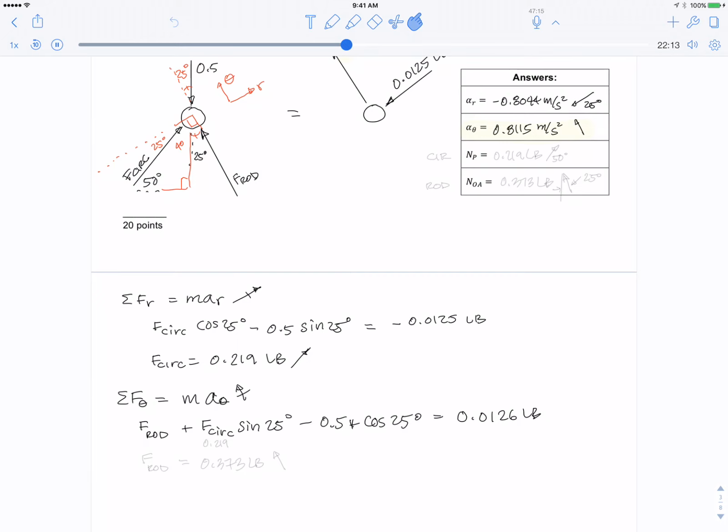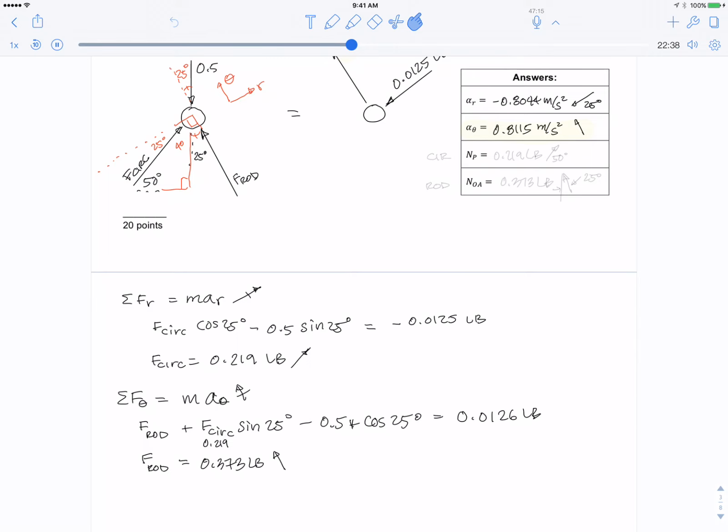Okay, and then I just solved for the force on the rod after I put in that the force of the circle was 0.219. And that came out to 0.373 pounds, positive meaning that way.